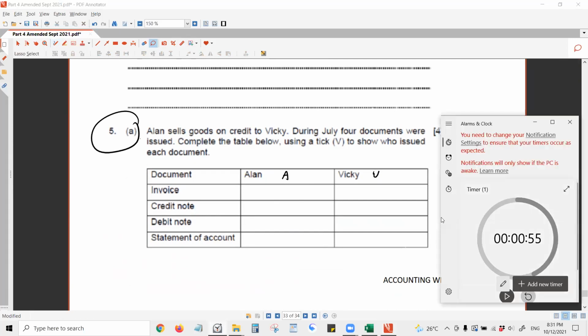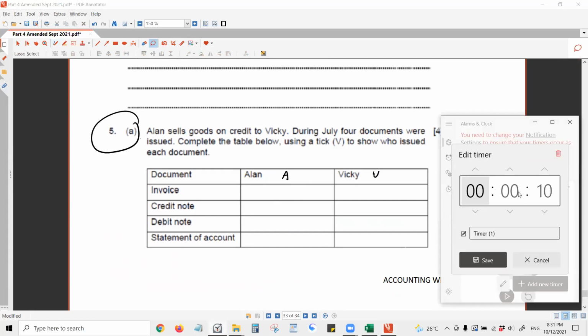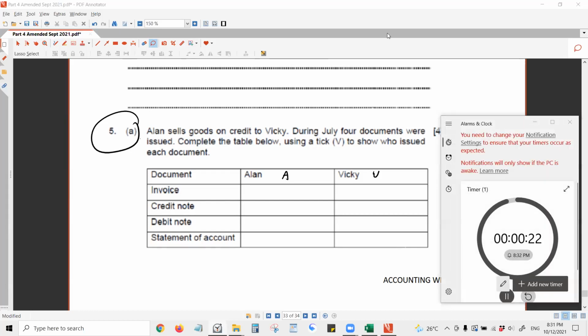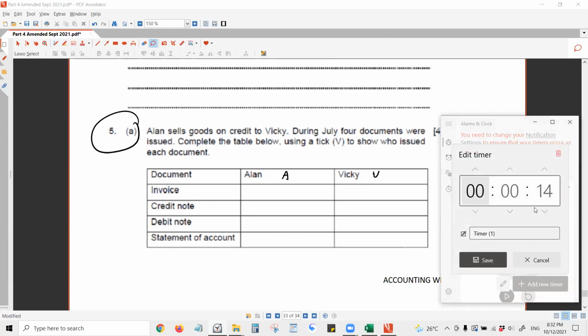This one is easy. I give you just a bit of time. 24 seconds. Type all the answers in a row, yeah? Don't type separately. Easier for me to see. Okay, another 15 seconds.